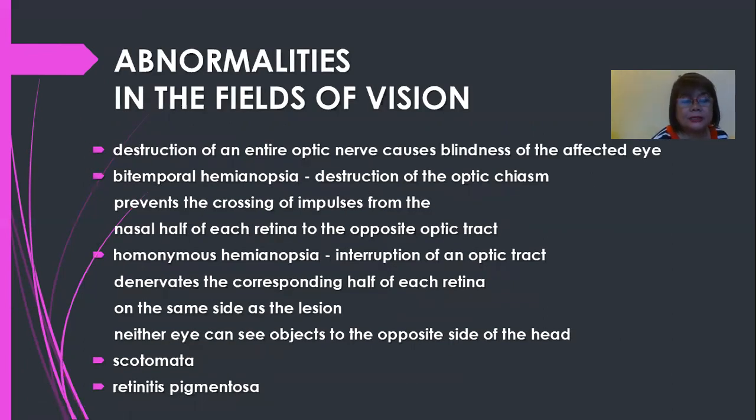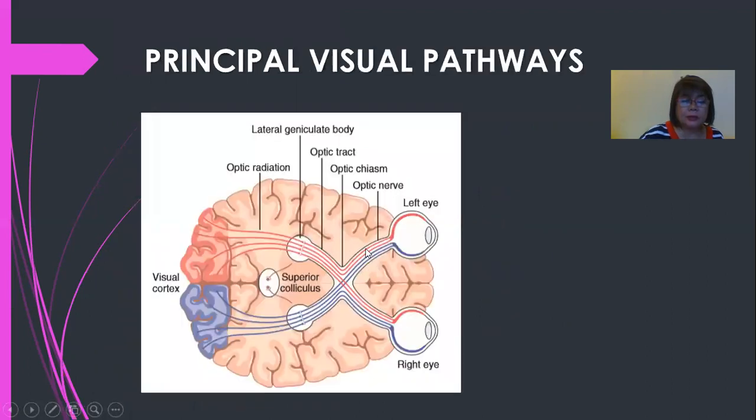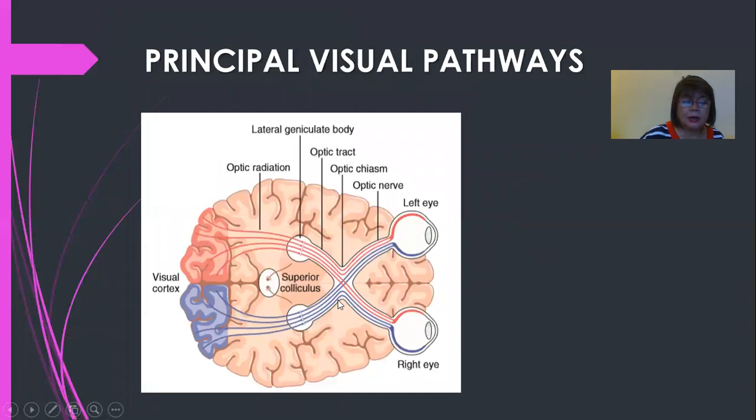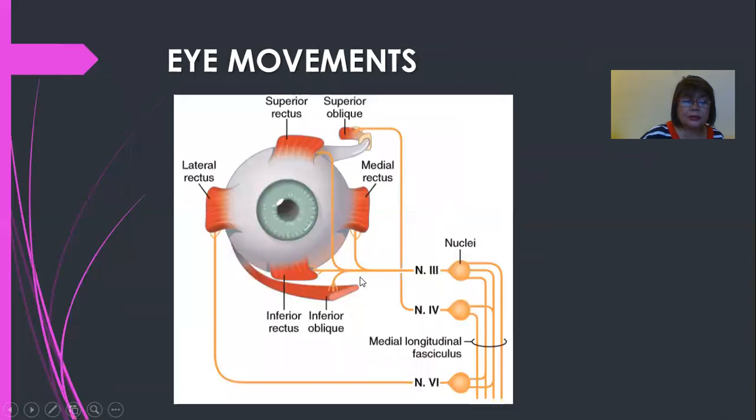What are the abnormalities in the fields of vision? If you destroy the entire optic nerve, there would be blindness of this one eye. The destruction of the optic chiasm prevents crossing of the nasal fibers.